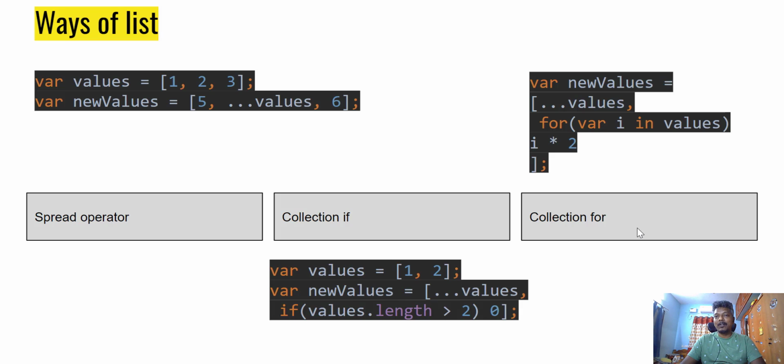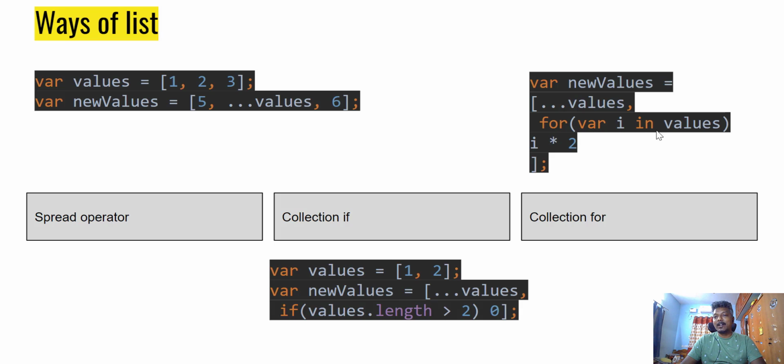And collection for also follows a similar syntax to collection if, but at any point in time you can add more than one value when you use collection for. If you see here, where new values is equal to, I'm just using the spread operator to include some existing list, and this is the syntax for for.